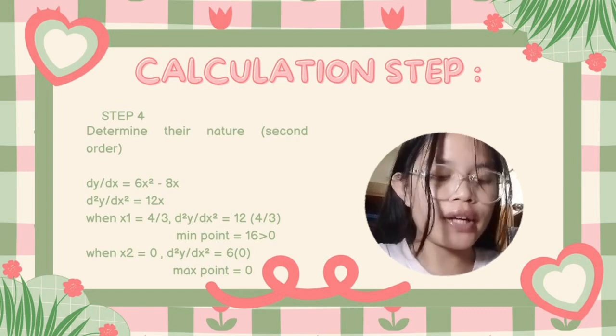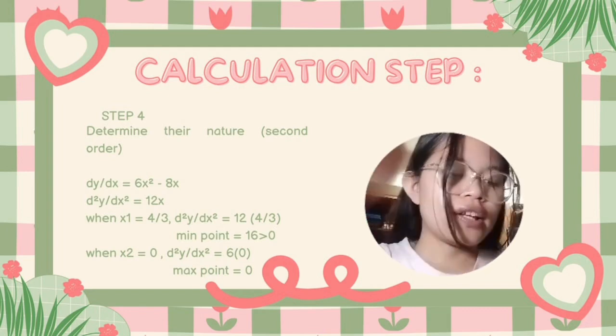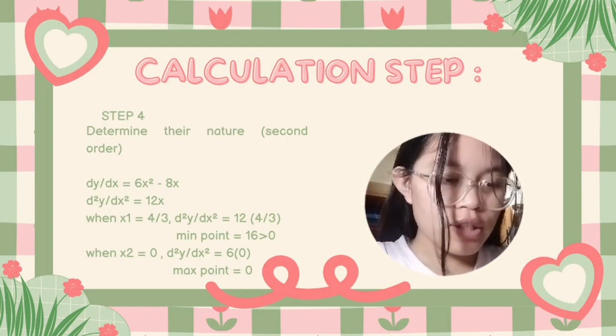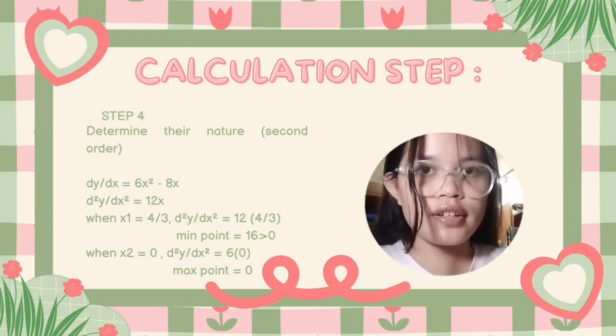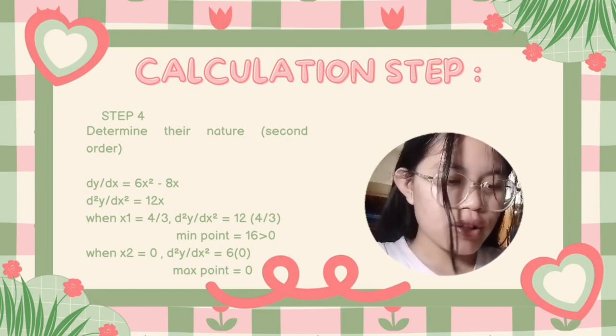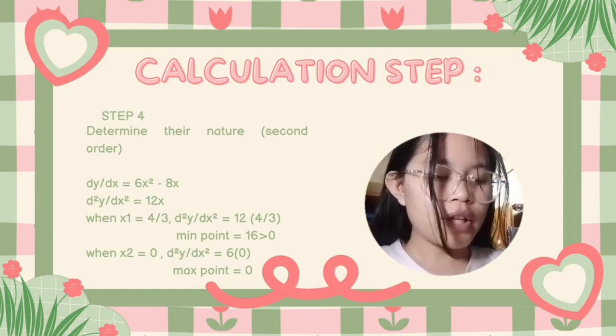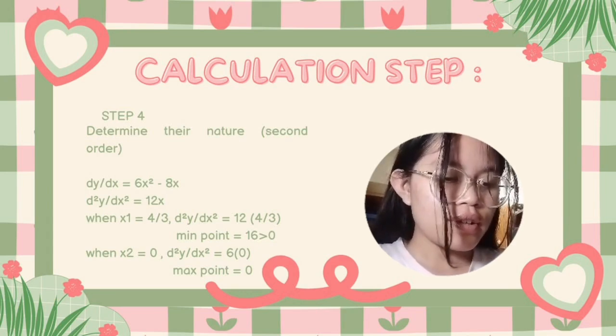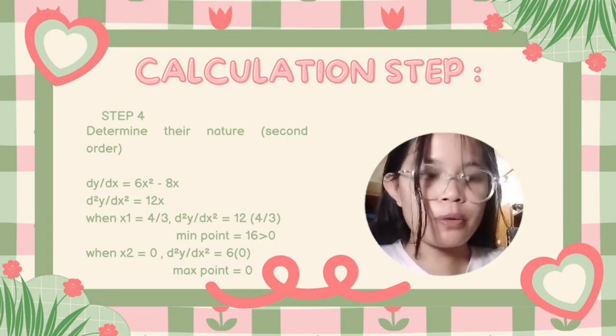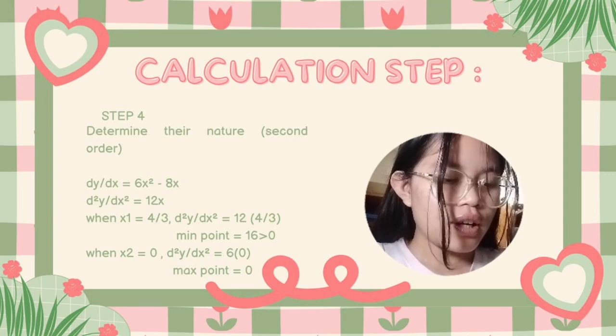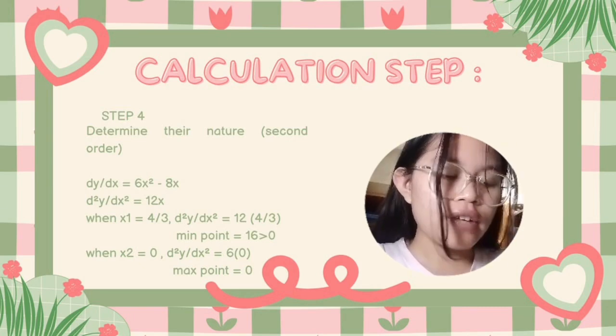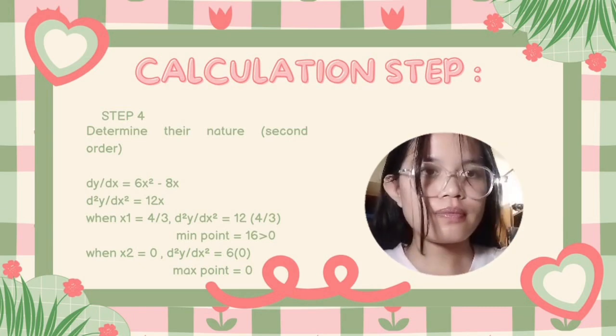Then we got 12x minus 8. Then the values of x1 and x2, we insert them into the expression to get the minimum point and maximum point, which is for x1 we got the minimum point, which is 8, and maximum point for x2.